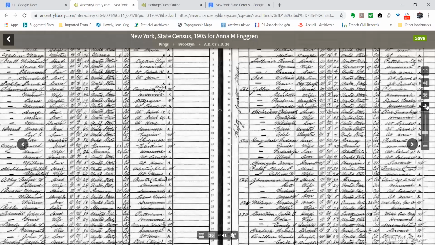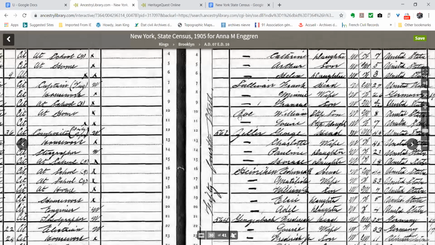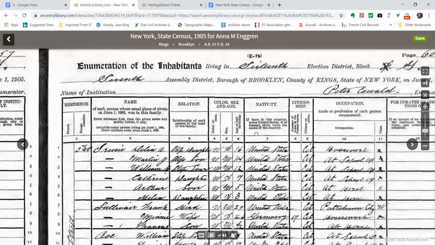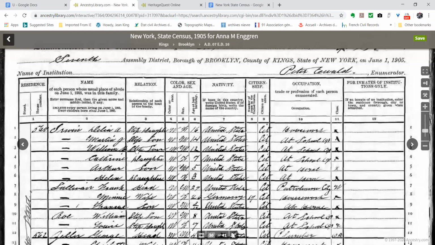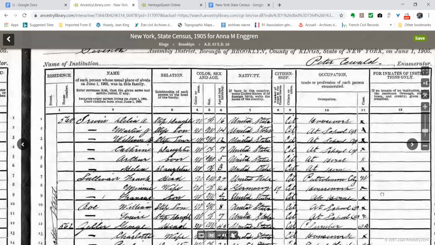Again, we have to hunt for people. But you can see the street name is along the side here. And they really aren't asking a whole lot of questions in 1905. You know, the age, the relationships, where they were born. This one is helpful about citizenship, whether or not they're a citizen, and their occupation.